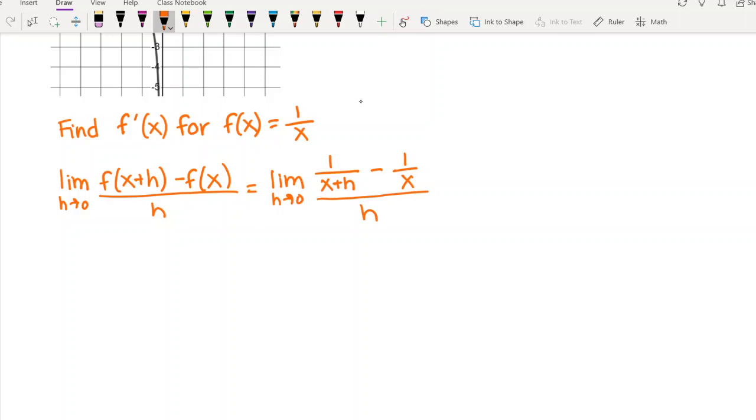So this is one of the functions where we want to make a common denominator, right? Because it's a fraction within a fraction. So let me open up a little bit more space for us here. We're going to multiply this one by x over x, because we want a common denominator of x times x plus h.